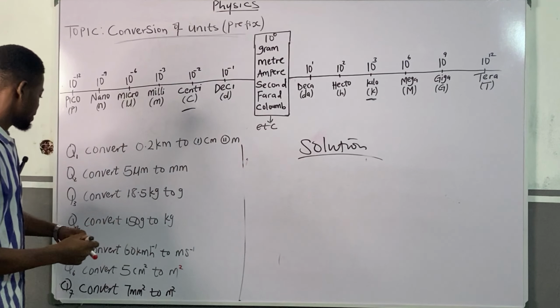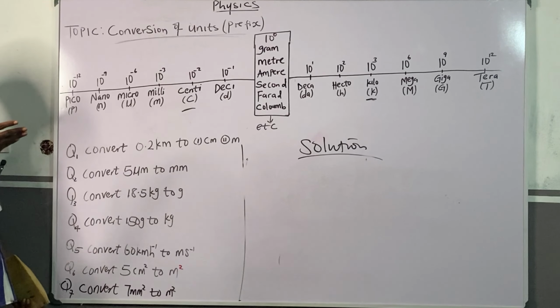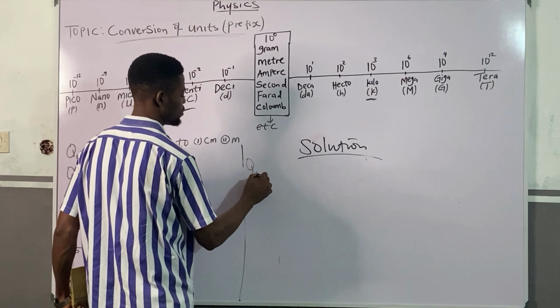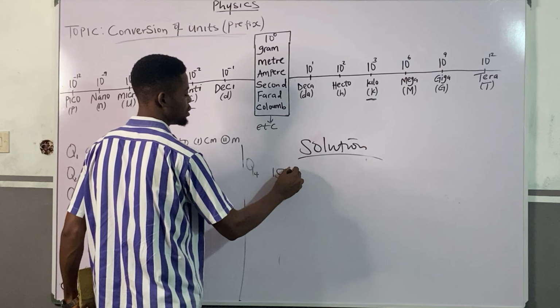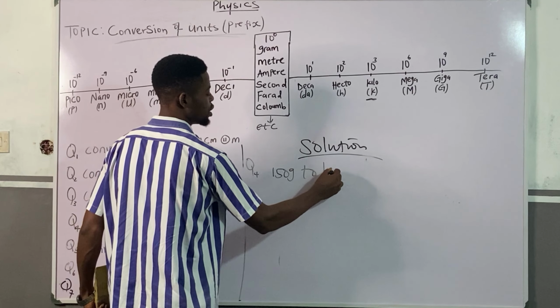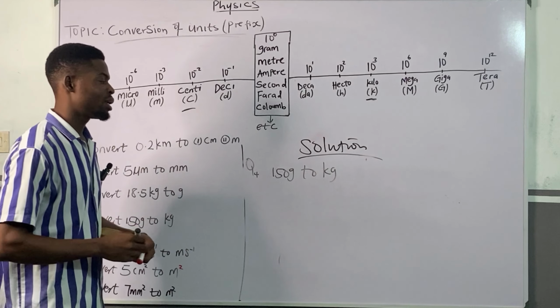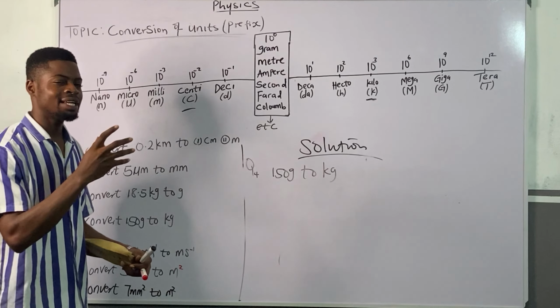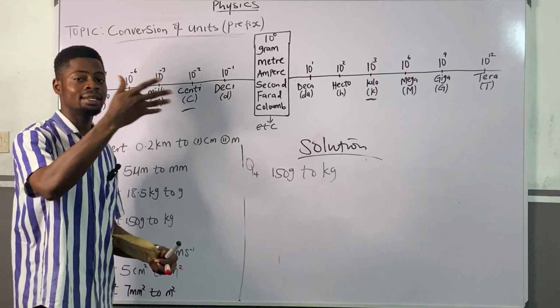In question number 4, they said convert 150 gram to kilogram. We have 150 gram to kilogram. Now in this case, we are converting from a less unit to a greater unit.